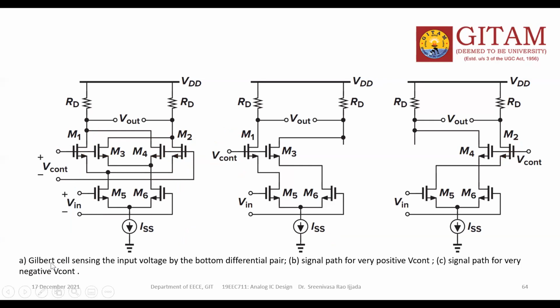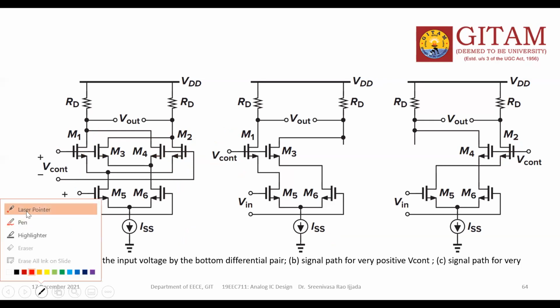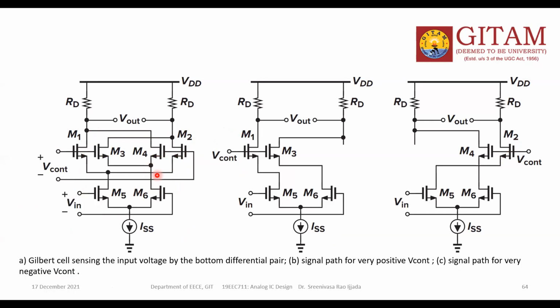These are the three circuits. The Gilbert cell senses the input voltage by the bottom differential pair. These two take the input and convert it into current, and that current passes towards these transistors. The second picture is the signal path for very positive Vcont. If Vcont is positive, these two are open and this is the path of the current.